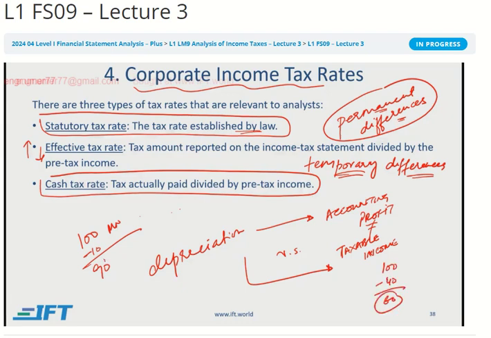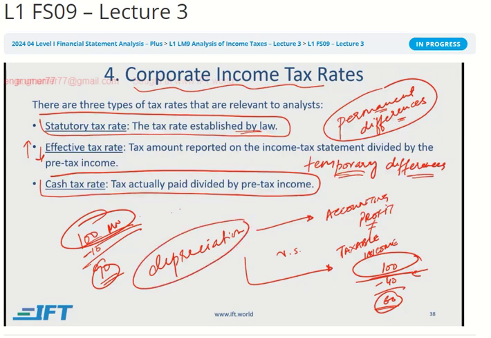So naturally the expense is different this year and the carrying value and the tax base will be different for now, but at the end of the entire life of this asset, the entire thing is going to be depreciated out, most likely. So after the life of the asset is done, the total depreciation will be the same for both.